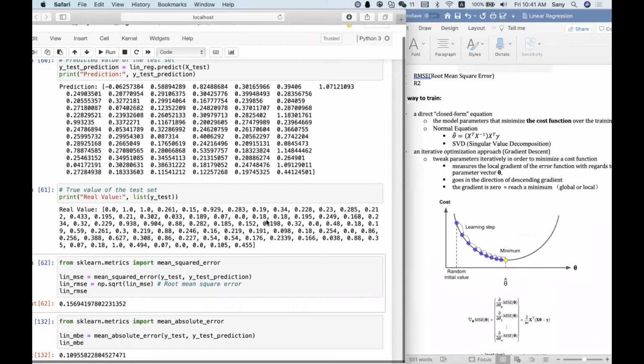What is a good value for the evaluation? Below what should the absolute error be? It's hard to say, because it depends on your empirical experience.